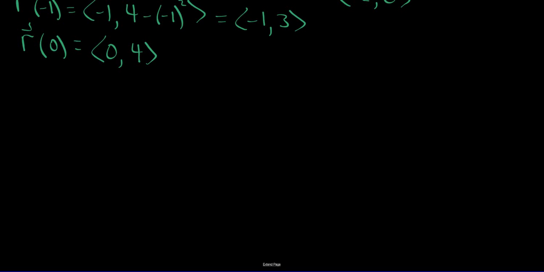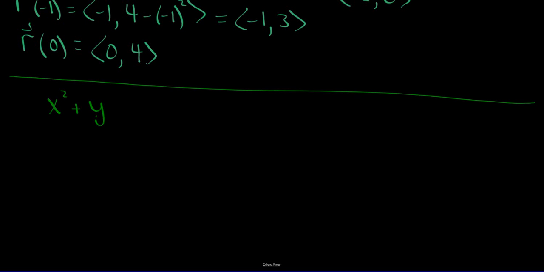Now, there are some parameterizations that we really need to be aware of. For example, x squared plus y squared equals, let's say, 4. Now, we know that that's a circle of radius 2.